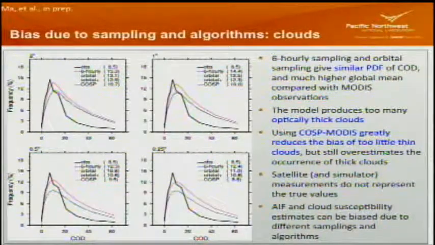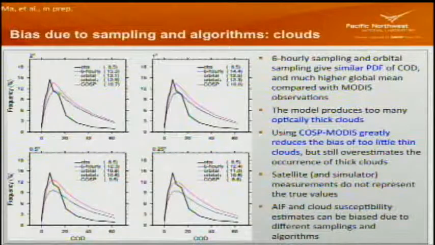So if we take into account the fact that the algorithms are different, I enabled the COSP simulator. It uses the same algorithm to derive the cloud optical depth from the set of cloud state variables in the model.